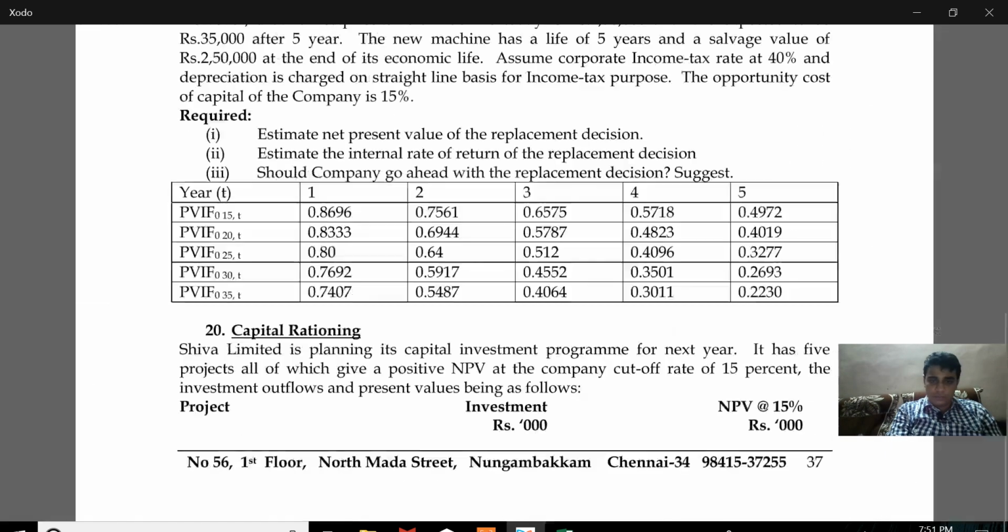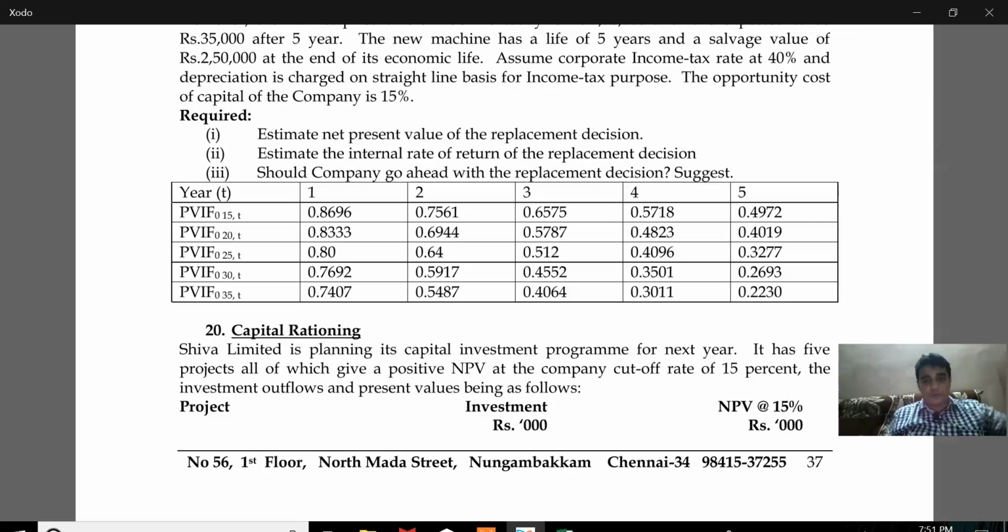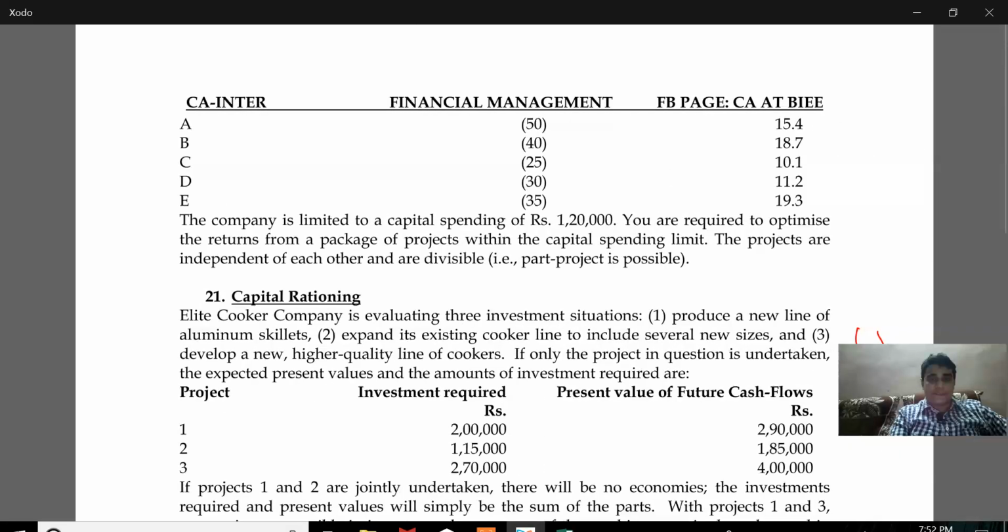So let's go to question 20. Shiva Limited is planning its capital investment program for next year. It has 5 projects, all of which have a positive NPV at the company cutoff rate of 15%. So every project has a positive NPV, which means all are acceptable projects. Investment outlay and present value are given.